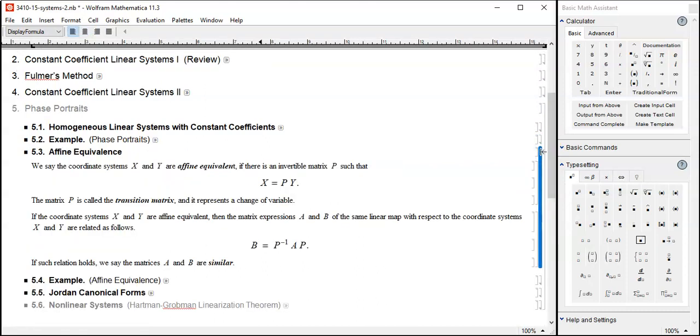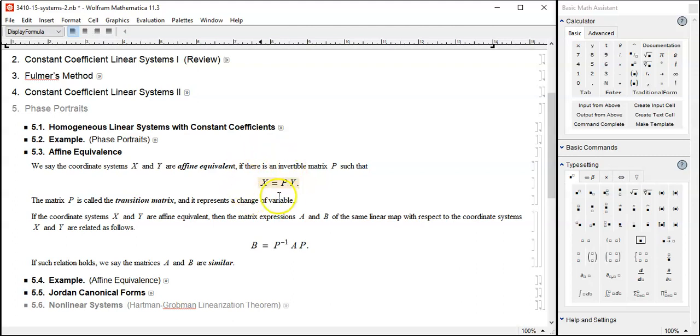We say two coordinate systems x and y are affine equivalent if there's an invertible matrix P such that x can be written as Py like this. This matrix P is called a transition matrix. What does that mean? If that happens, we're basically changing the viewpoint.